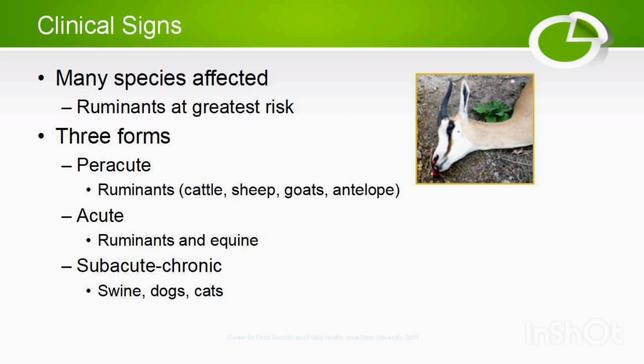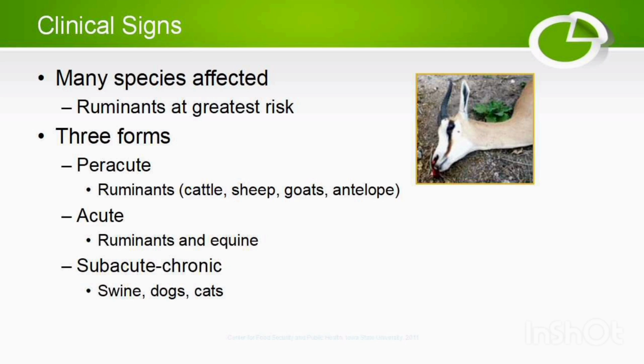Usually, all mammals and some birds can contract anthrax. The clinical signs in animals differ by species, with ruminants being the most at risk. The peracute form most often affects ruminants, including cattle, sheep, and goats, and the acute form will affect the ruminants as well as horses.